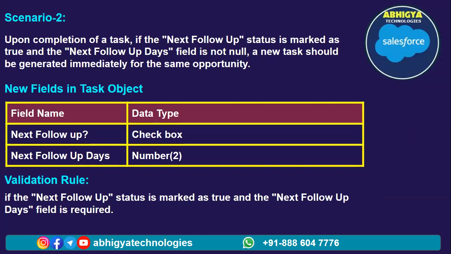In the task object we introduce two new fields for the next follow-up: a checkbox data type, and next follow-up days, a number data type. We also have a validation rule: if the next follow-up status is true, the next follow-up days field is required, meaning it cannot be blank.